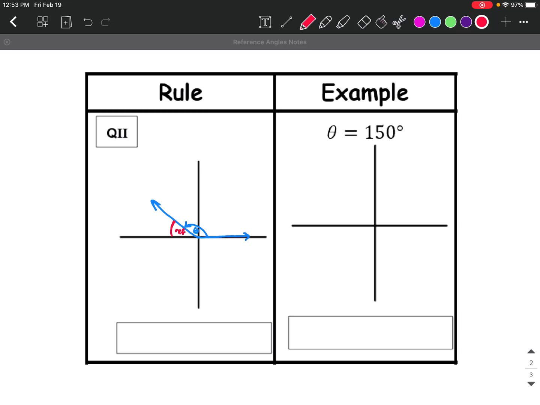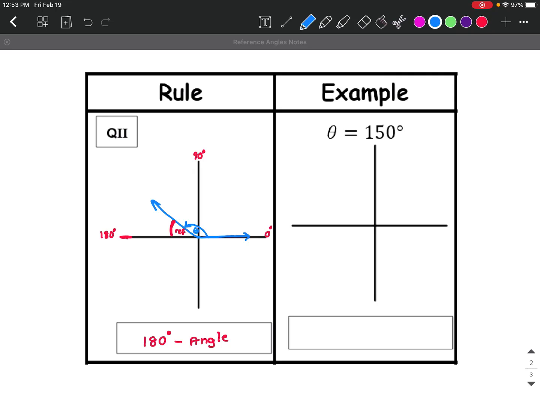Now notice, we went past 0 degrees, we went past 90 degrees, we're almost at 180 degrees. So this reference angle is 180 degrees minus how far you've already gone. So it's 180 degrees minus the angle. That'll tell us how far from the x-axis we are, because 180 degrees is at the x-axis.